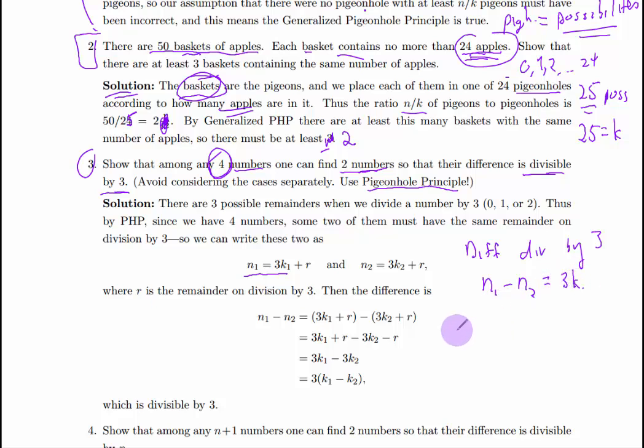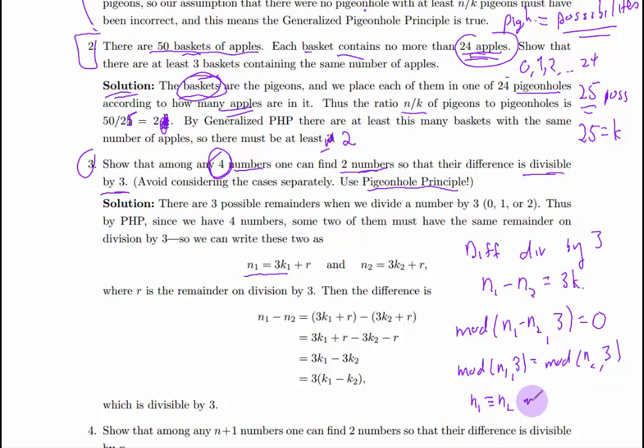Now, if we do this in mod language, that means that (n1 minus n2) mod 3 is equal to 0. Another way of saying this would be n1 mod 3 is equal to n2 mod 3, or n1 is equivalent to n2 mod 3.